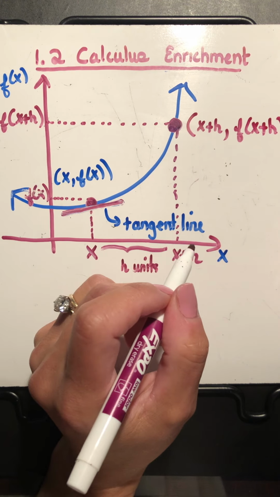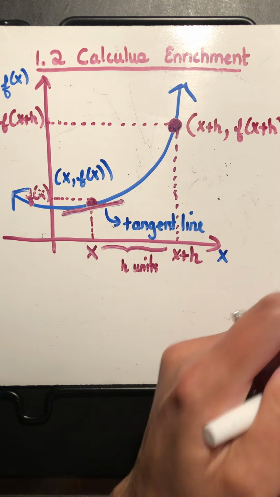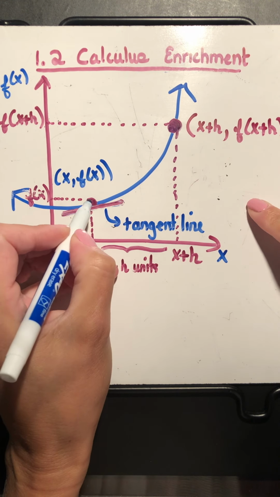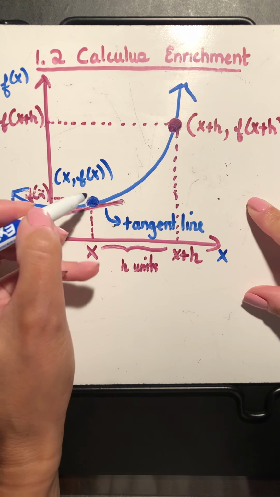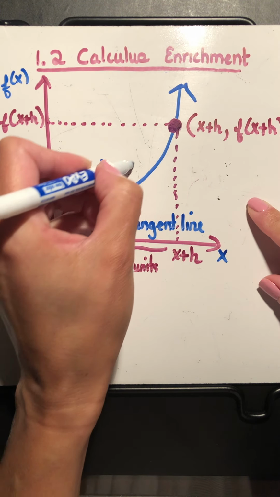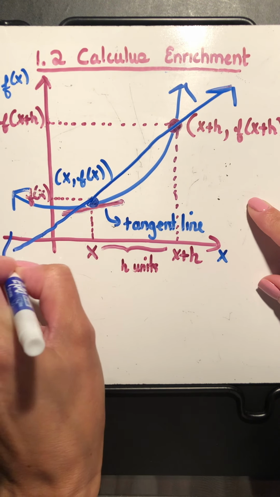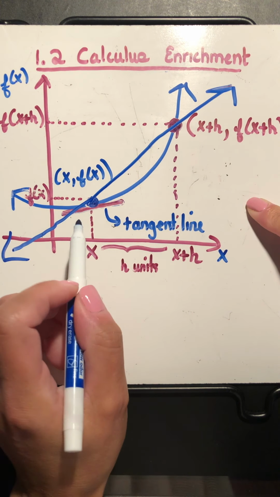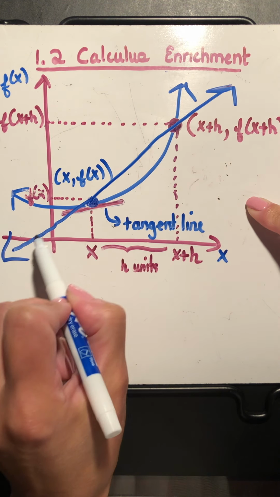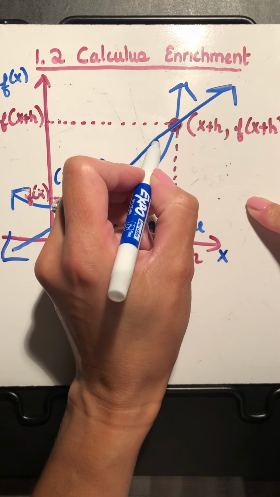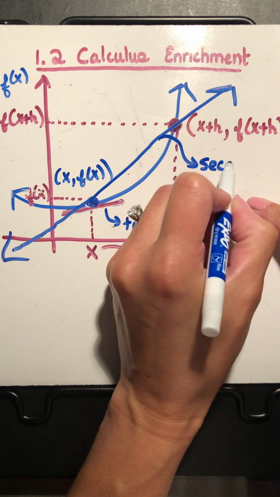Now what I'm going to do is connect these 2 points, because I know my formula from Algebra 1. And this line that I've drawn, you may remember from geometry, because it intersects the curve in 2 points, is called a secant line.